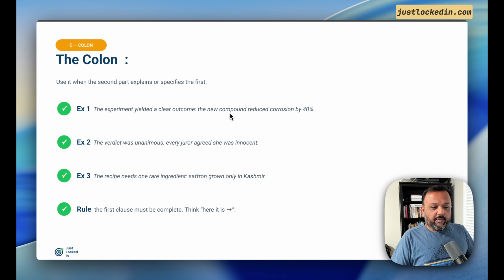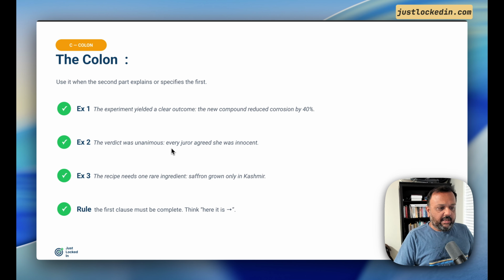The clarity comes from the fact that we have proof it reduced corrosion by 40%. All right. The verdict was unanimous. Every juror agreed she was innocent. Okay. So we explain both the aspects here. One is what the verdict was, that she was innocent was the verdict, and it was unanimous. Every juror agreed she was innocent, right?